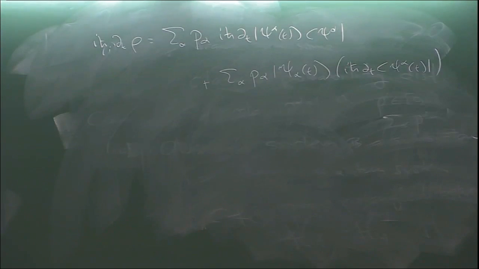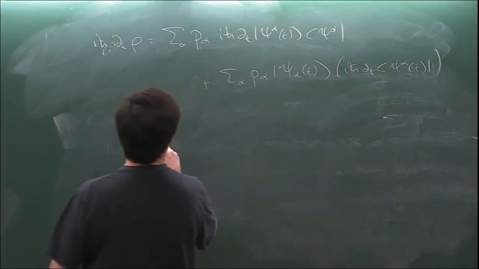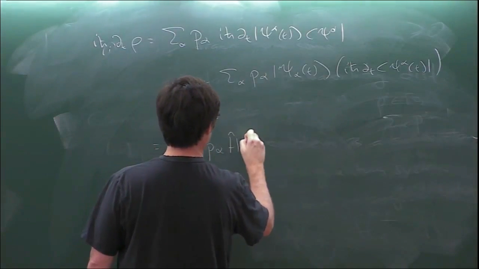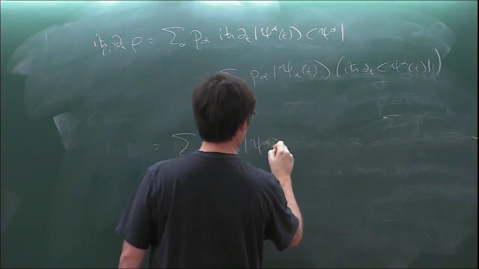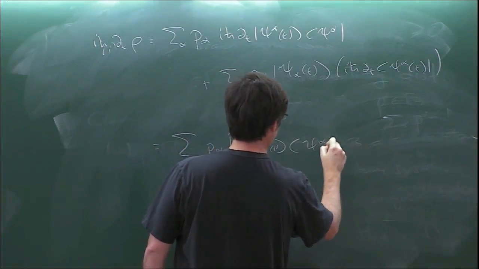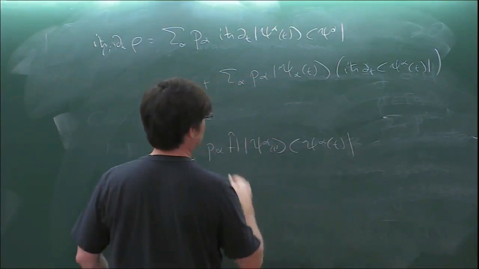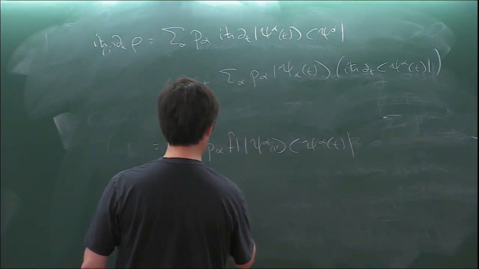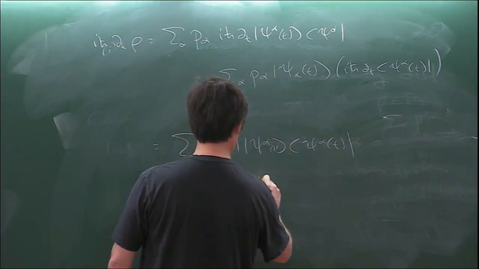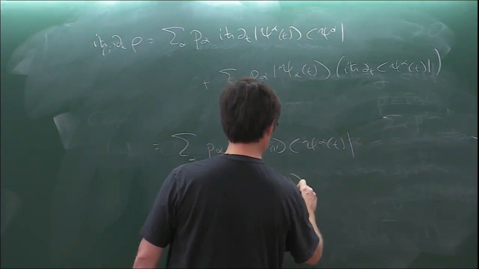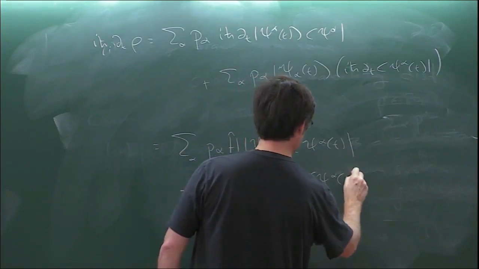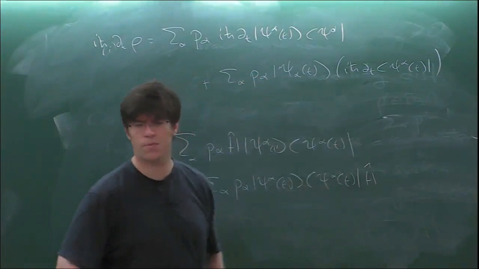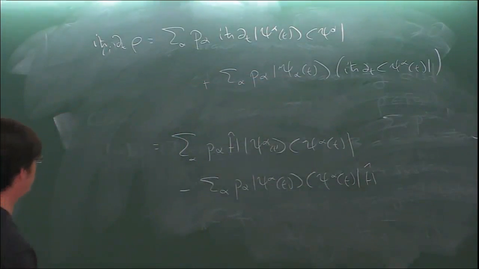And in this case, h hat psi alpha of t, psi alpha of t, and by taking the complex conjugate of this time-dependent Schrödinger equation, I get P alpha psi alpha of t, psi alpha of t, h hat, where this minus sign comes from the complex conjugate of the time-dependent Schrödinger equation.